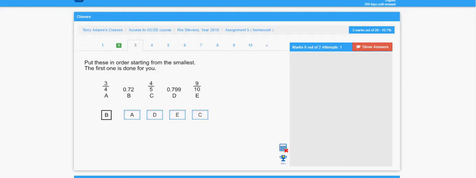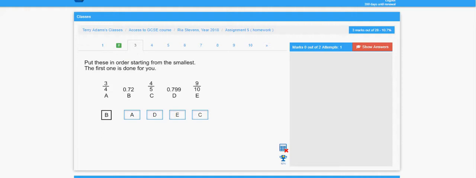Well, I can see that 0.72 is smaller than 0.799. Okay, I can see that that is smaller than that. But the 3/4, the 4/5, the 9/10, not so sure about. Now, the 9/10, I'm sure you probably know, is 0.9.